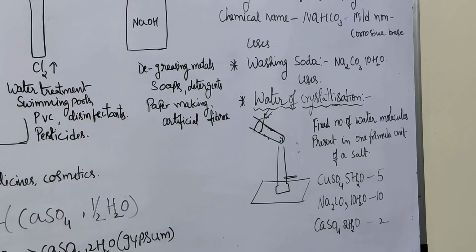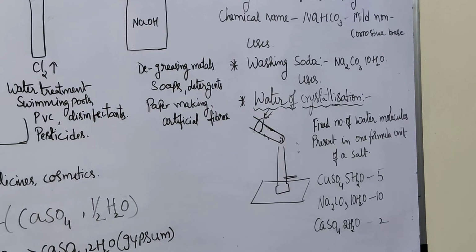Next, plaster of Paris. This is very important, they always ask this question. What are the uses of plaster of Paris, and the preparation also? Gypsum at 373 kelvin loses water molecules partially, and it becomes calcium sulfate hemihydrate.